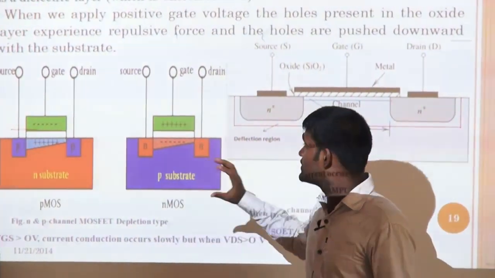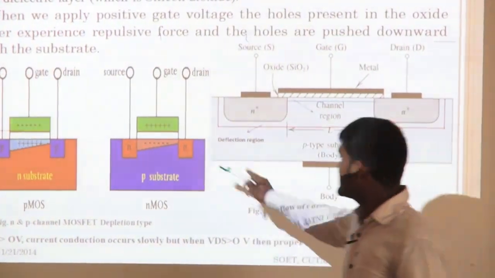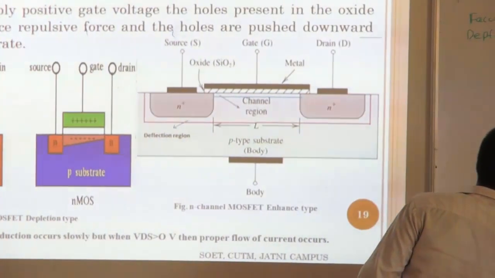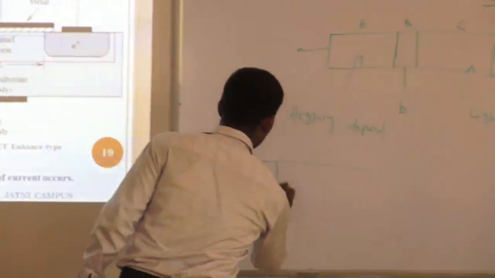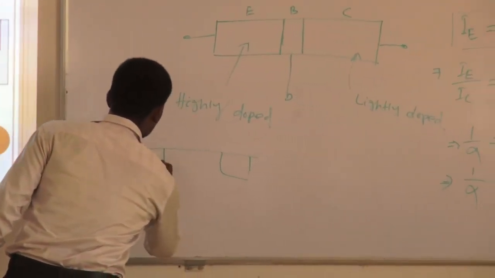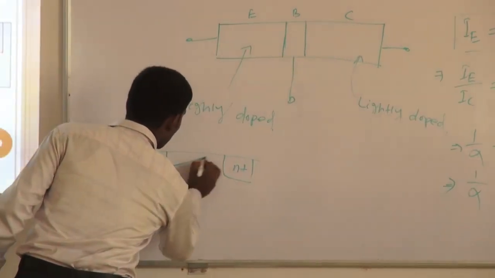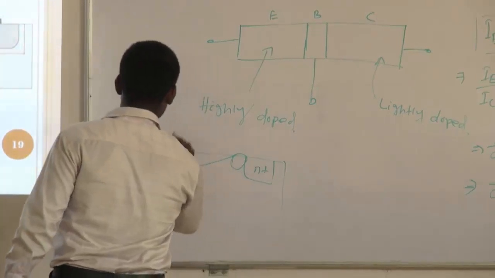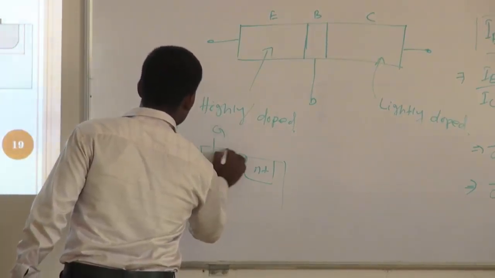If I increase voltage, initially in the N plus case, some gap is there. Here, some gap is there, for the initial case, source, gate.